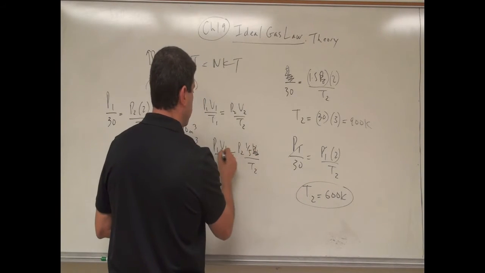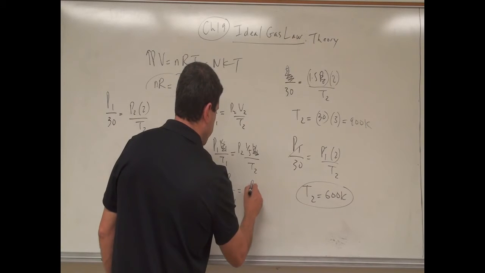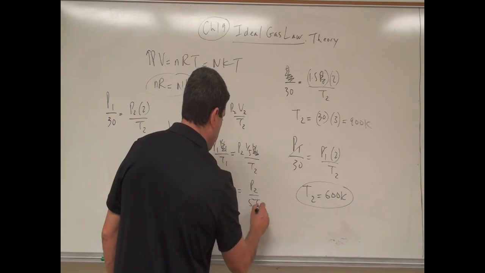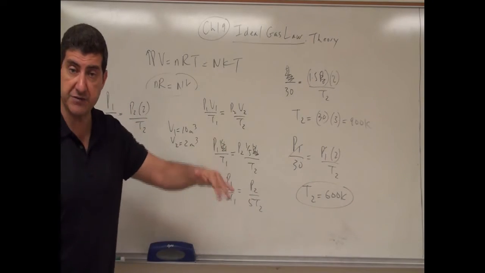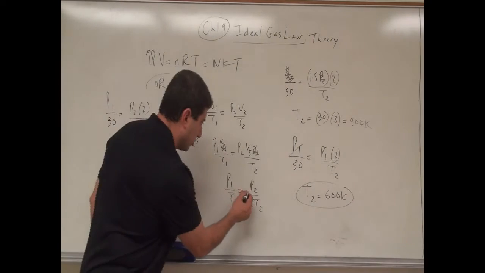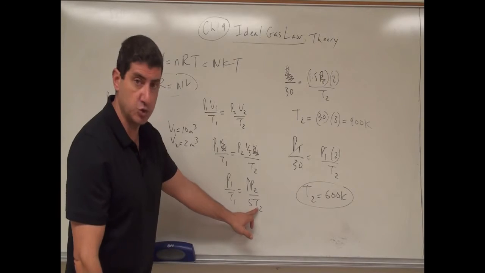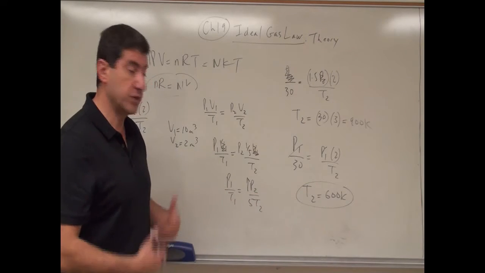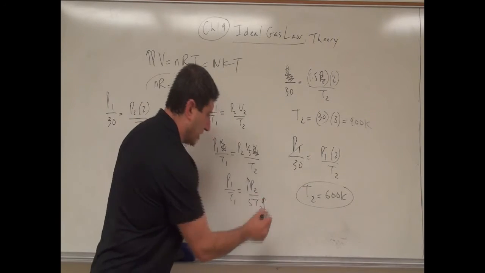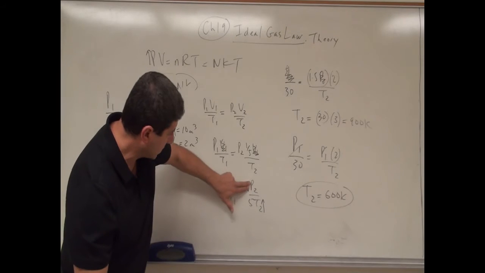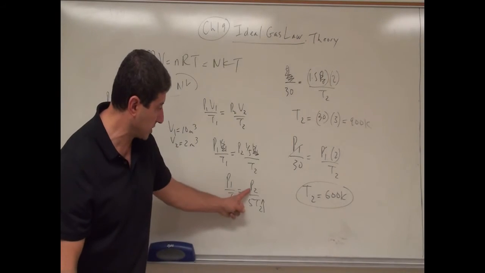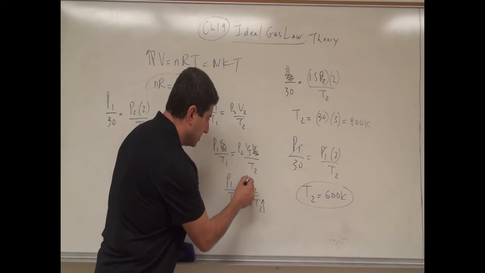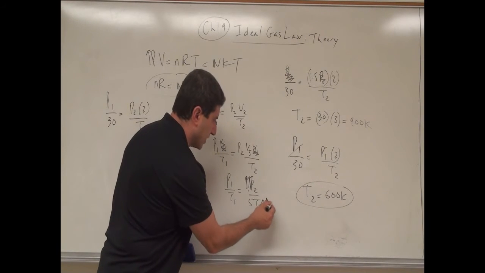Then the V1s cancel, giving P2 over 5 T2. Now, if the pressure goes up, let's say 1.5 times, 2 times, 3 times, T2 has to go up to compensate for that. The T2 has to go up more. If the pressure stays the same, then the T2 does not rise as much. The more the pressure rises, the more the temperature rises.